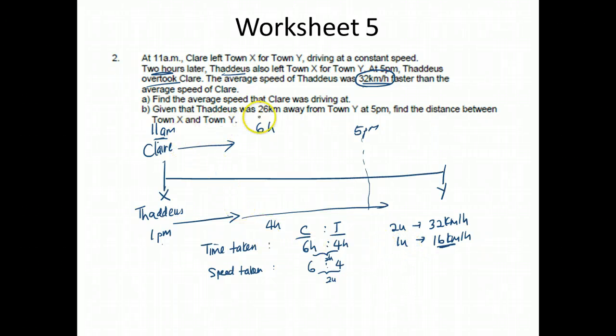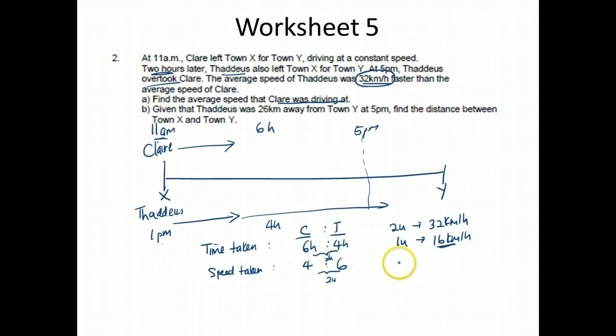So what do I want to find? We want to find Claire's speed. Claire is slower than Thaddeus. Claire is 4, Thaddeus is 6, because Claire must be slower than Thaddeus.